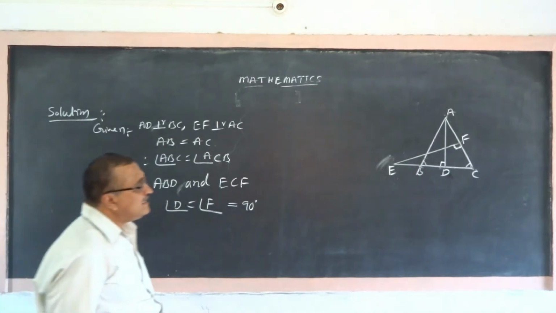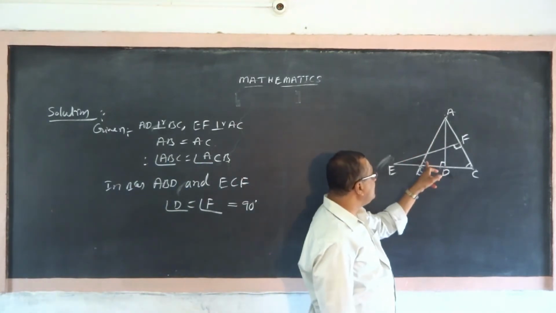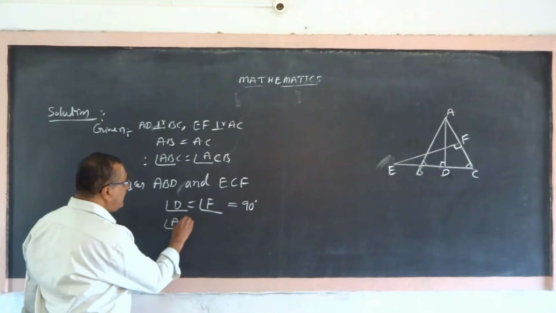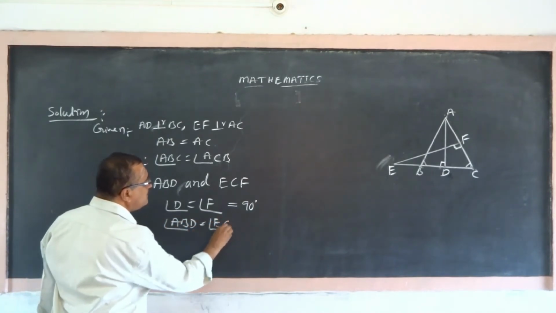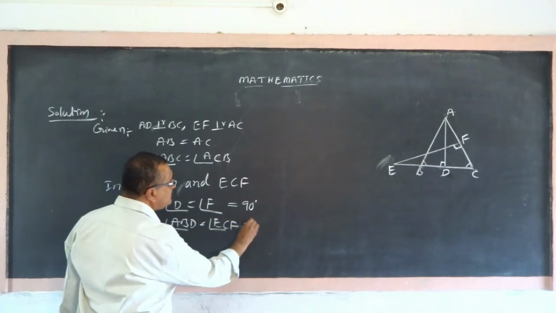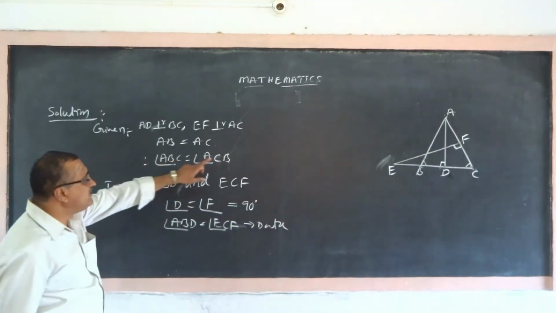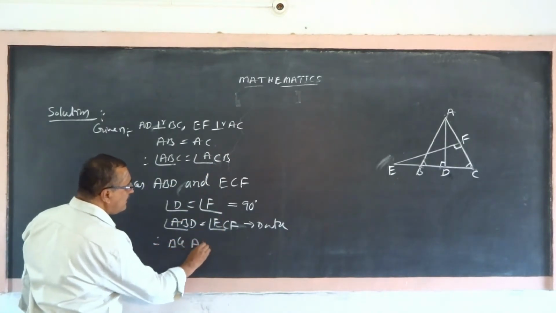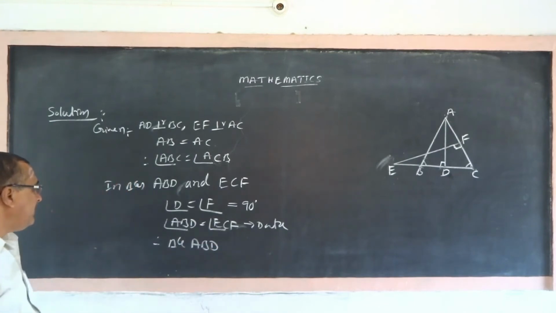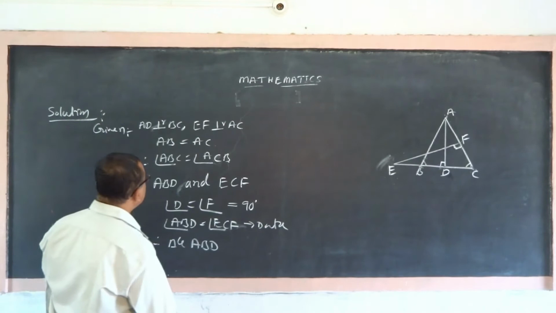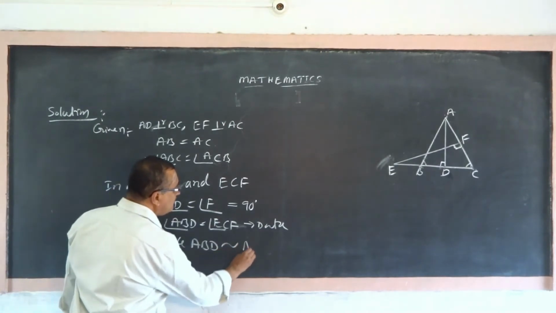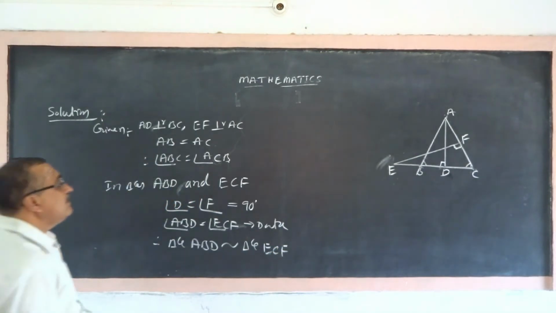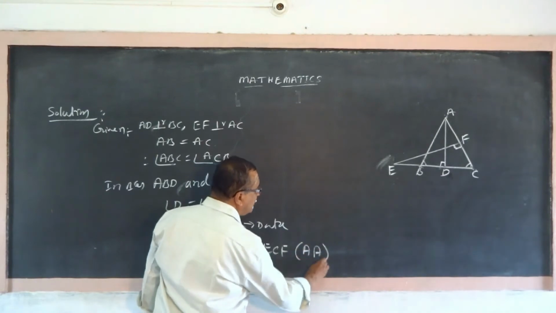Next, angle ABD is equal to angle ECF, since angle B is equal to angle C. Therefore, triangle ABD is similar to triangle ECF according to AA criterion theorem.